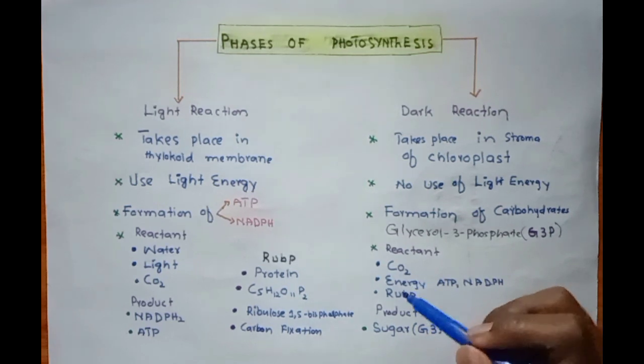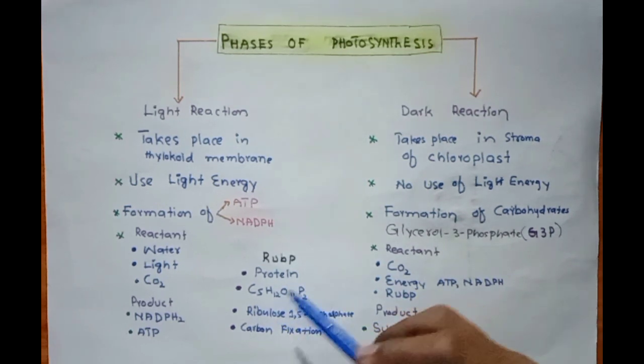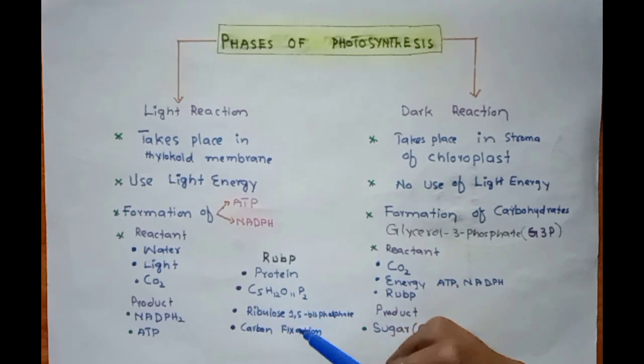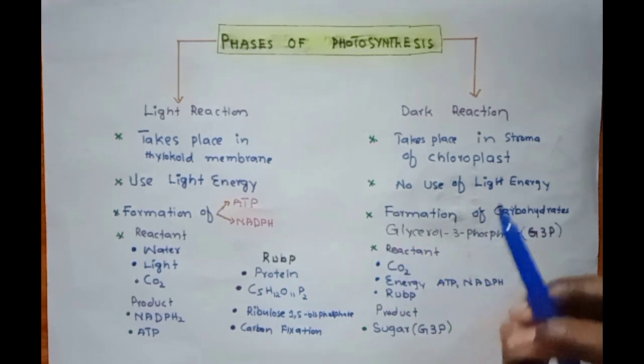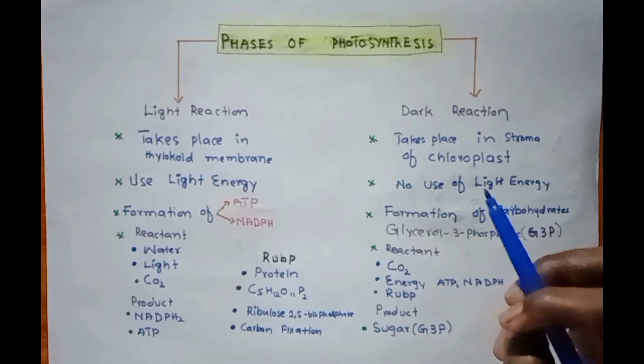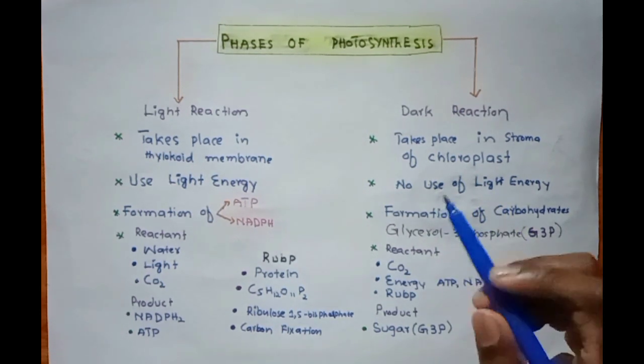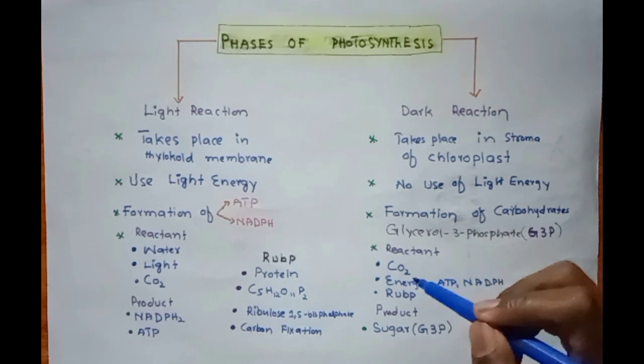RuBP has the formula C5H12O11P2 and its full form is ribulose 1,5 bisphosphate. It helps in carbon fixation: RuBP helps fix the carbon dioxide that comes from the atmosphere into G3P. This is the reactant of the dark reaction.